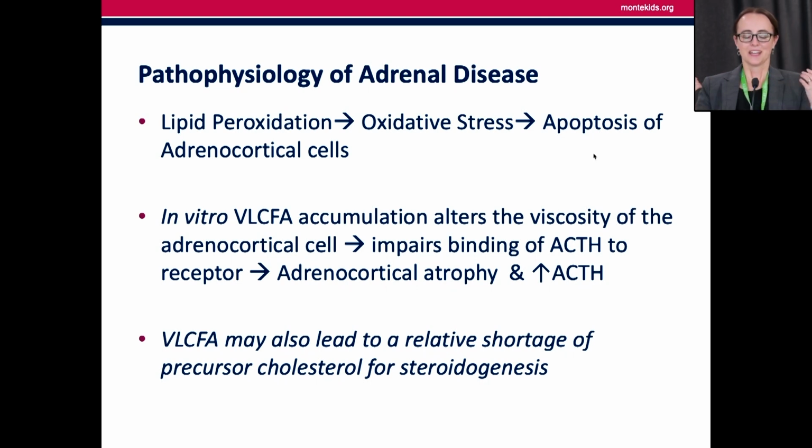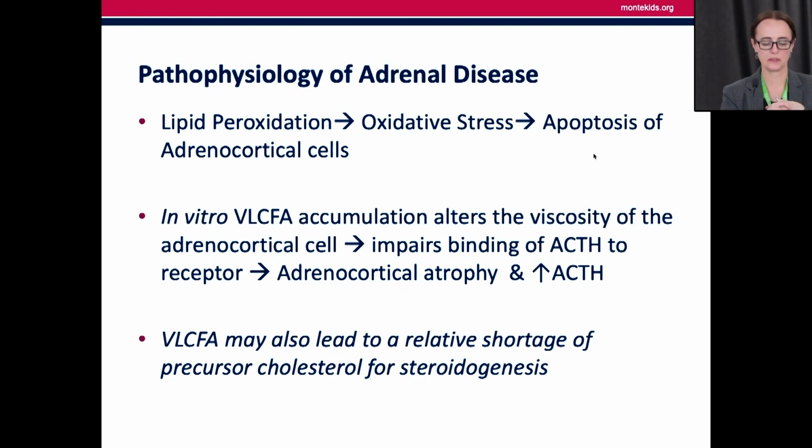So in terms of how does this work, why do those very long chain fatty acids cause problems in the adrenal cortex? There are 2 primary thoughts about this. One is that they just cause problems with how the cells function. They make the cells not work at all, and the cells break up.